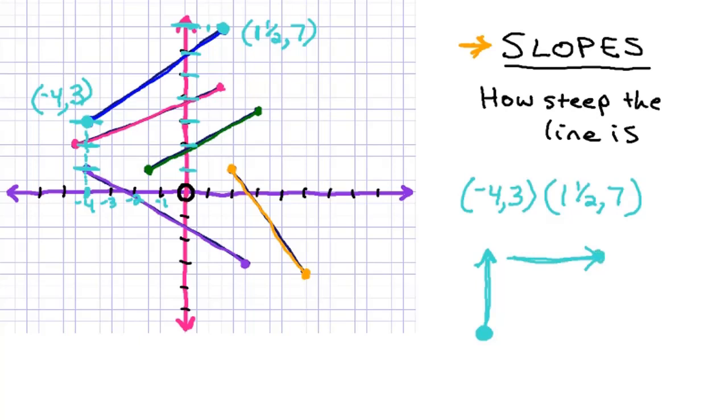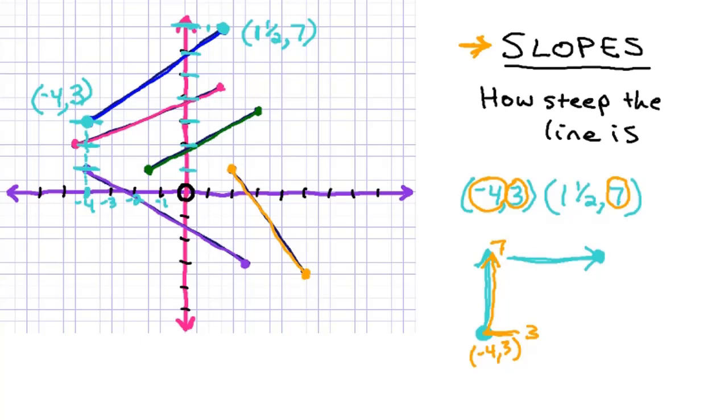So if we started with a -4 and a 3 on the y-axis. So this is (-4, 3). This started at 3 on the y-axis, and it went up to a 7. So here's the 7 on the y-axis.